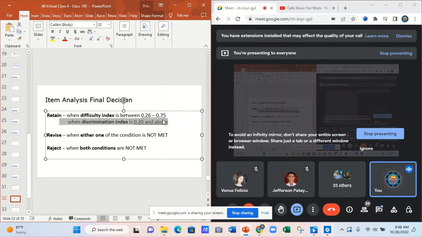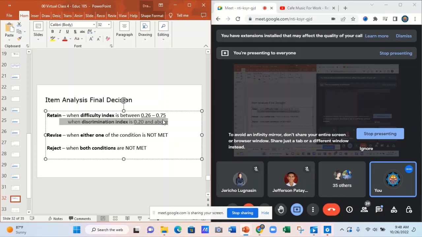Now, given that the discrimination index is 0.18, is the second condition fulfilled or not? 0.18 is the discrimination index. No. Because the bare minimum here is 0.20. Alright?